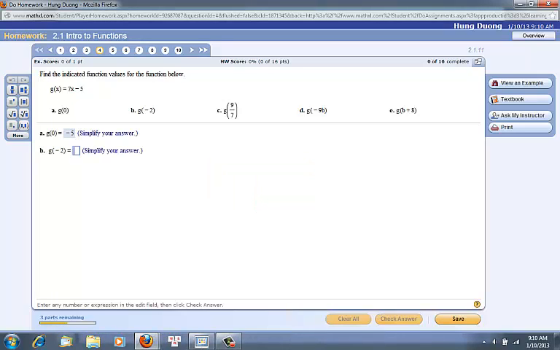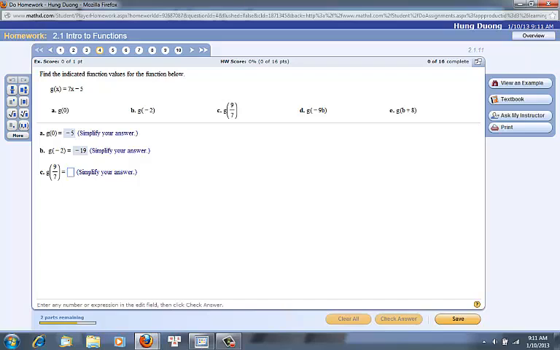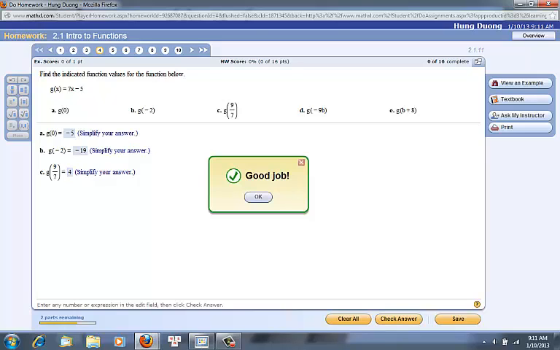Now Course Compass is asking for part B, g of -2, and what I found here is -19. Course Compass does like that answer. For part C, we found 4 as the final answer according to our work together. Let's see if Course Compass likes it, and yes, it does.